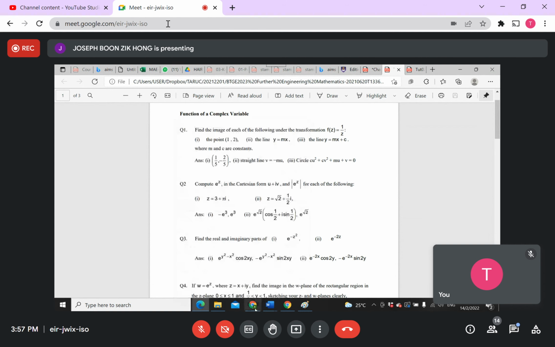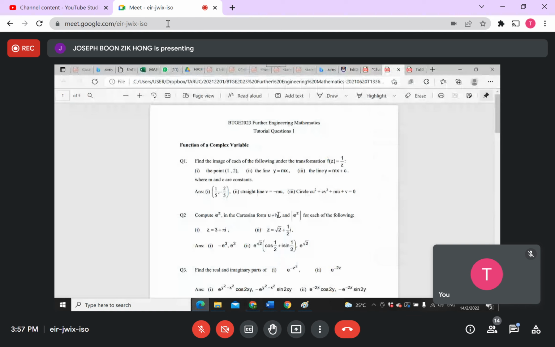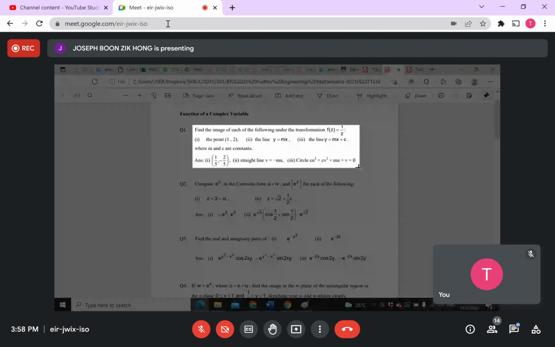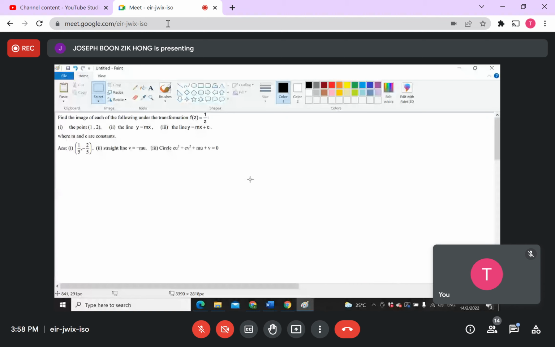Okay, so we have a look at question 1. I want to find the image of the following under the transformation f(z) equal to 1 over z.